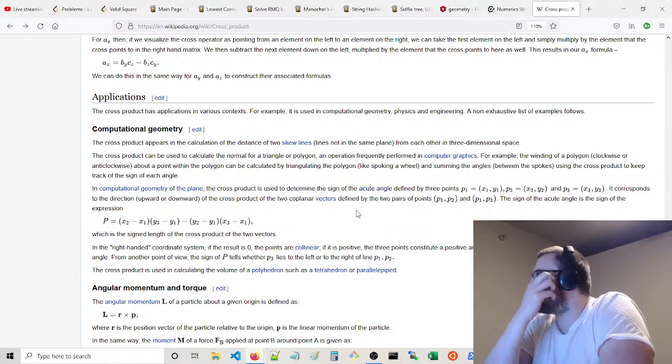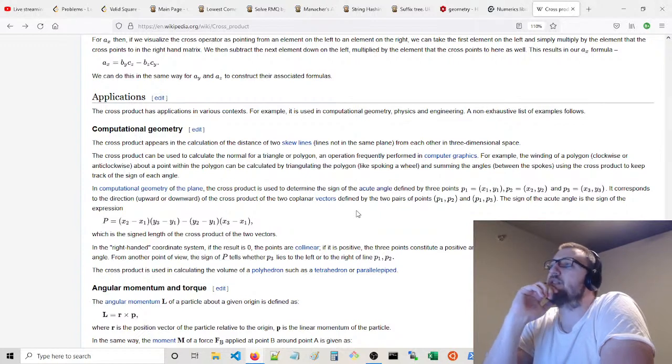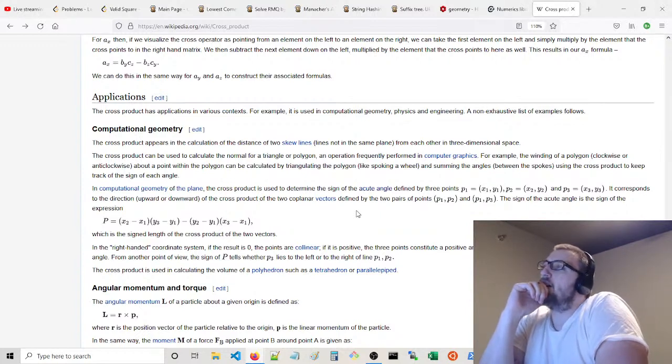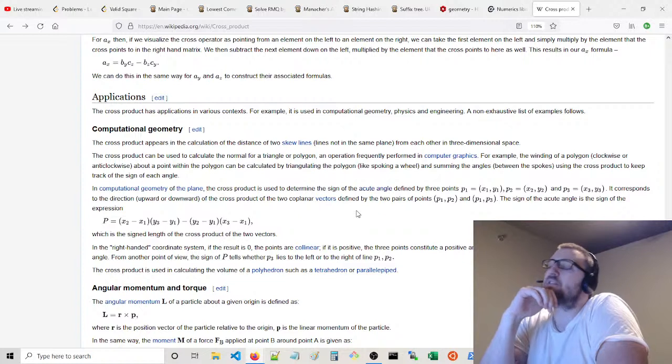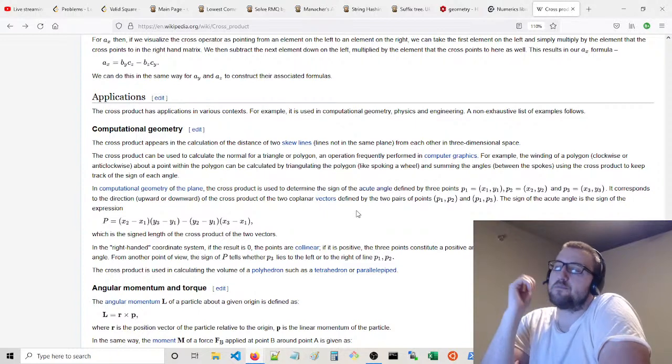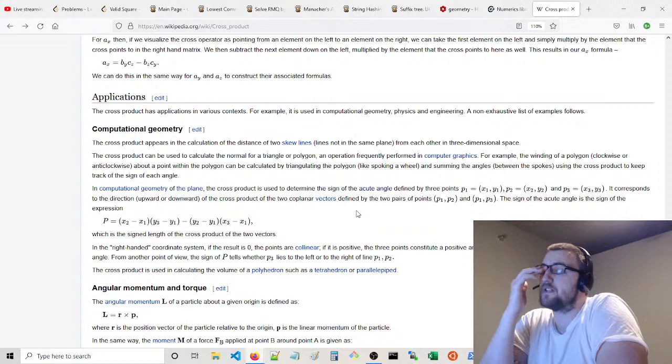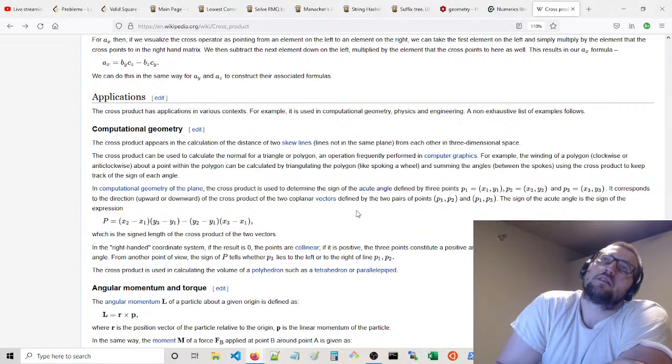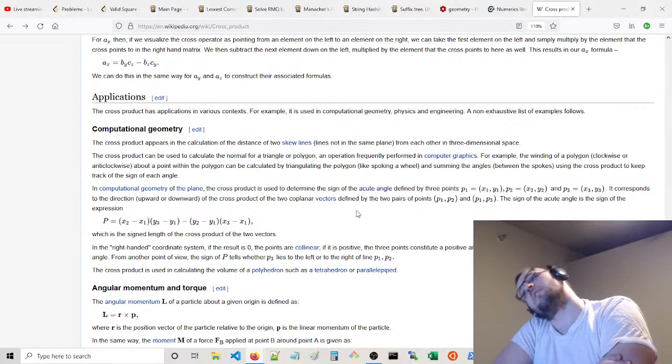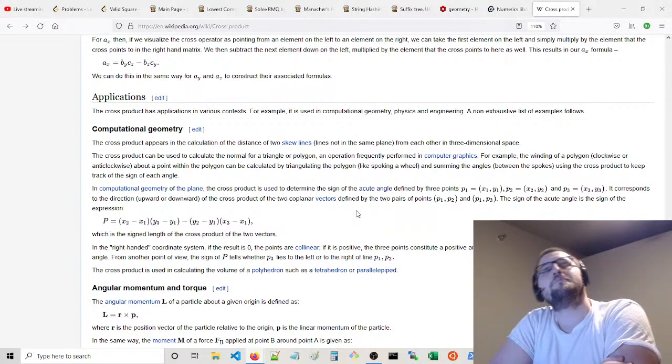Basically you could start from any point and then just apply the four vectors to get to the next points. I don't know how to express it.